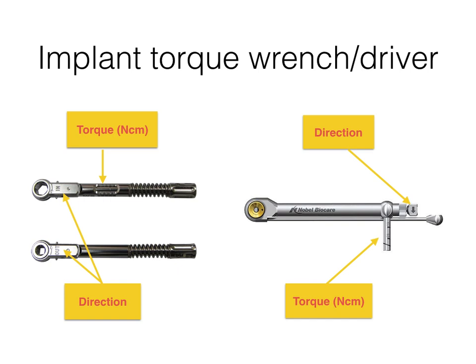On the right-hand side, the picture shows another implant torque wrench used by a different brand. As you can see, different brands use different torque wrenches, so you have to be familiar with their designs.